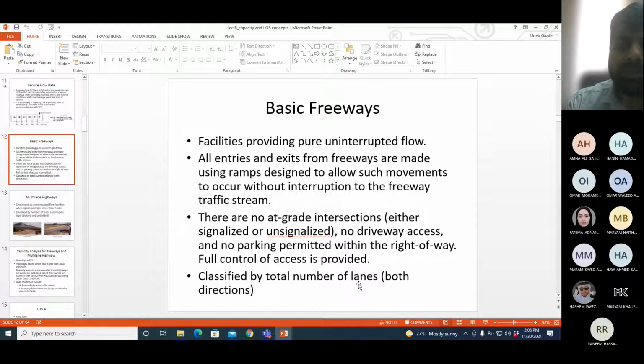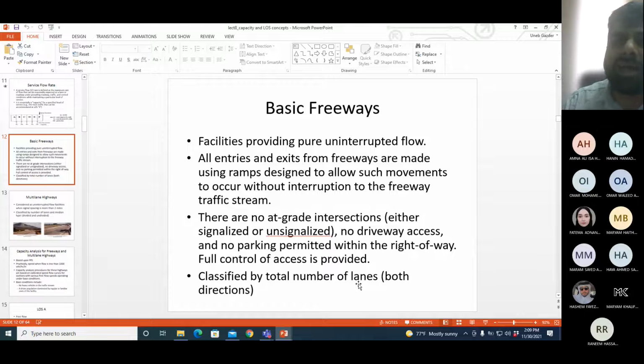What are interruptions? The main form of interruption is an intersection. So freeways, since they are pure uninterrupted flow facilities, don't have any at-grade intersections, zero. Another form of interruption can be access to driveways, garages, parking lots, or even on-street parking.